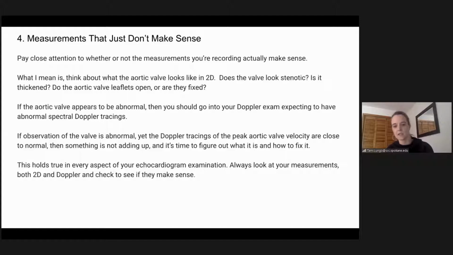If something doesn't make sense, you're probably not getting an accurate read on it. So just make sure you know what you're looking at and what to expect. There's a slide that talks about low cardiac output and aortic stenosis, and we'll talk about that when we get there, but it goes along with knowing that you should see something more severe than you're seeing.